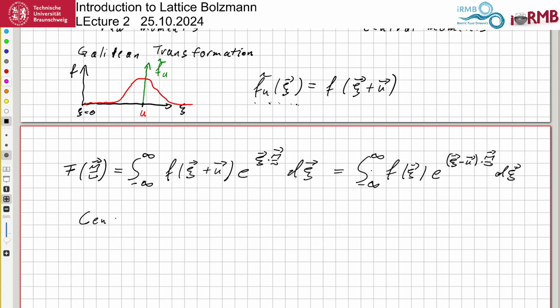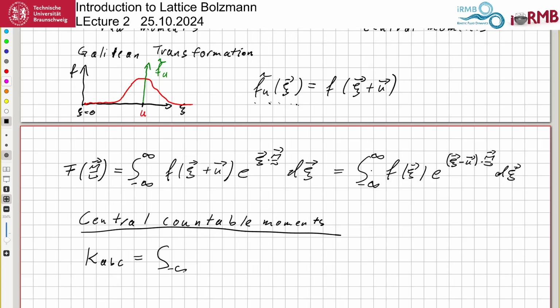So this leads us to the central moment, central countable moments, which in this lecture we'll write with K, K_abc. K_abc is the integral of xi, f over xi, and now instead of xi to the power of a, we get xi minus u to the power of a, upsilon minus uy to the power of b, and zeta minus uz to the power of c, integrated over xi.